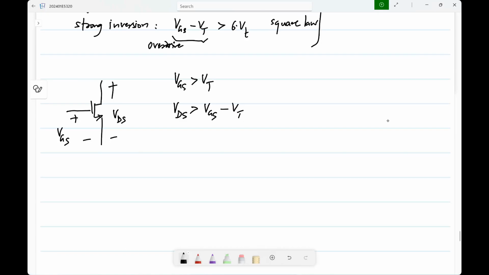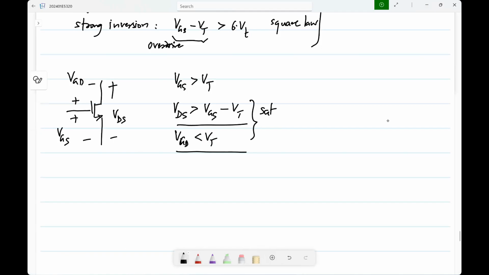Now, if I had to express this second condition, instead of with VDS, in terms of VGD, what does that mean? If you just rearrange this, VGS minus VDS on the right side and VT on the left side, so VGD should be less than VT.